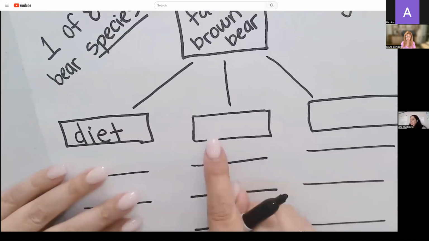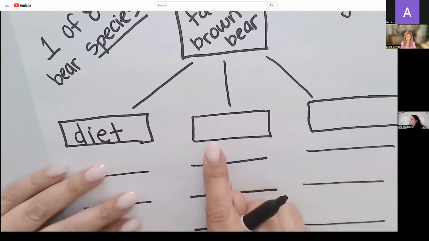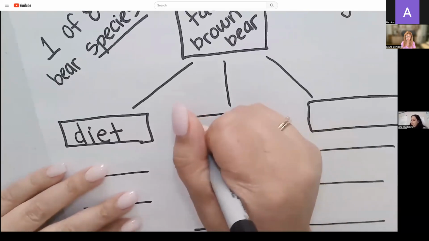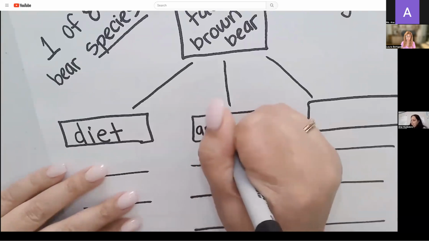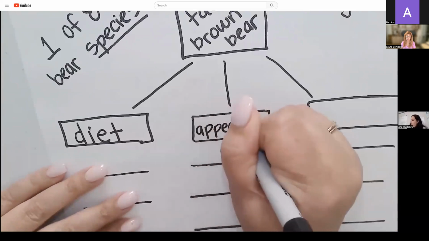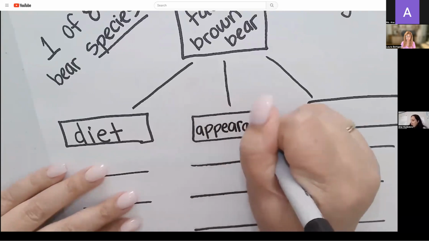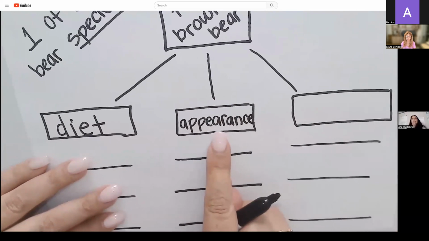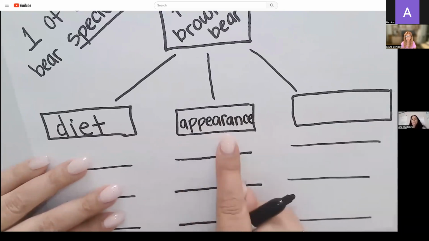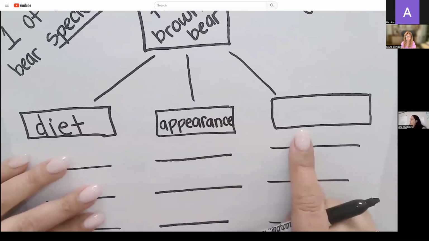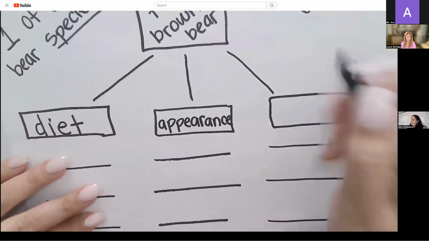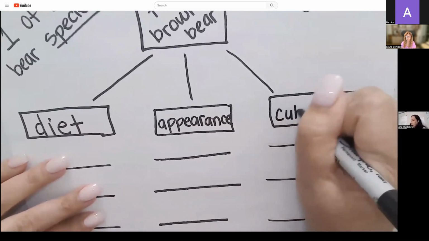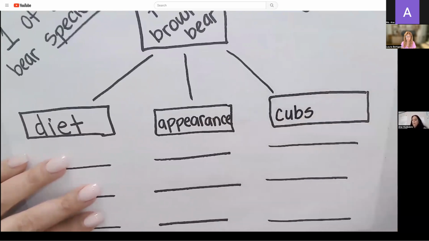The second attribute we're going to write about is their appearance. A-P-P-E-A-R-A-N-C-E. How do they look? What kind of traits do they have? Appearance. Okay. And the third thing we're going to write about is their cubs or their babies.